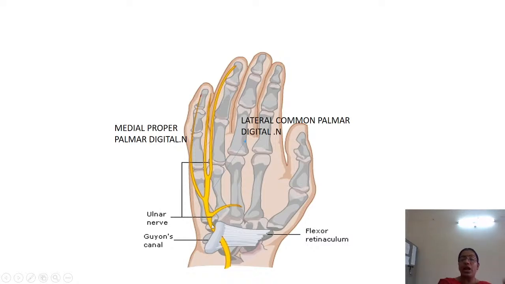The superficial branch of the ulnar nerve is divided into medial and lateral. The medial forms the medial proper palmar digital nerve, supplying the ulnar side of the little finger, whereas the lateral part forms the lateral common palmar digital nerve, supplying the adjacent side of the little finger and the ring finger.